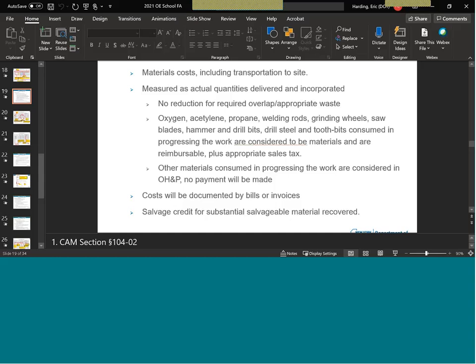and they remove that 10-foot section and it's still in good shape, not damaged, the department is within its right to ask for a salvage value for that. Typically, the contractor would keep the material, and we would pay them only a percentage of what the total cost to purchase that piece of material was.